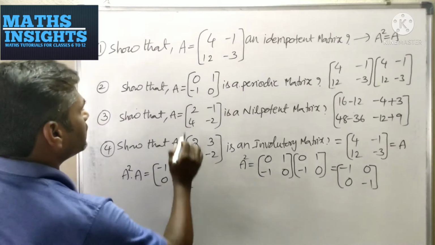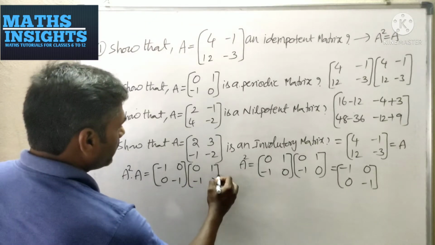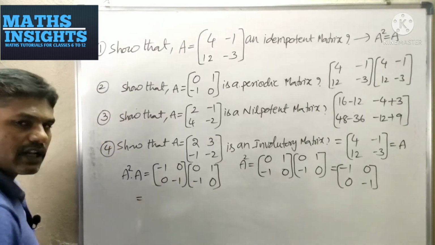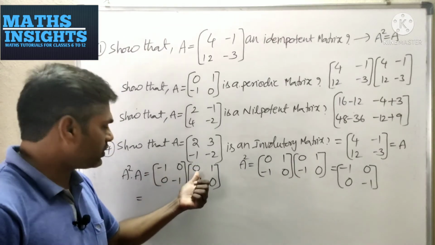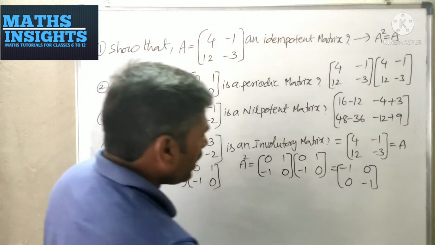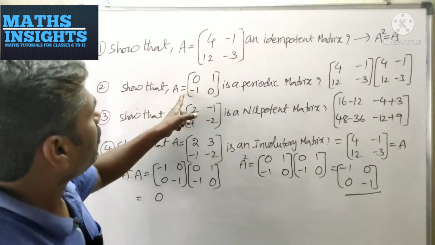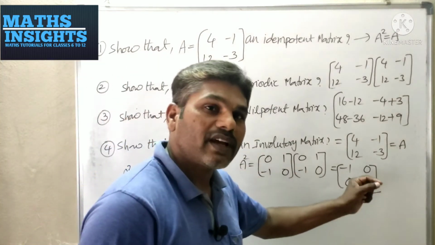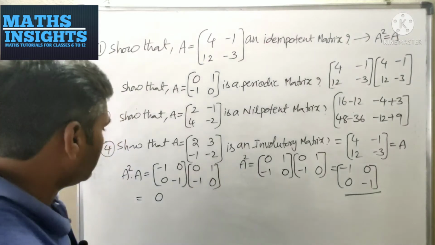If you multiply A square again with A, what is the result? I am multiplying by taking A again, [0, 1; -1, 0]. Have you got A again? Not in this case. You have to multiply with A again and again.